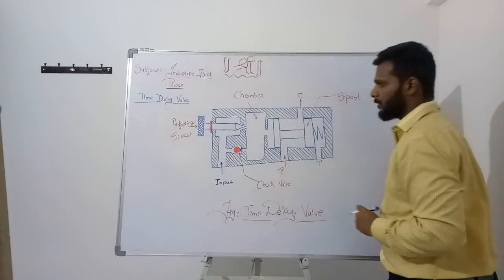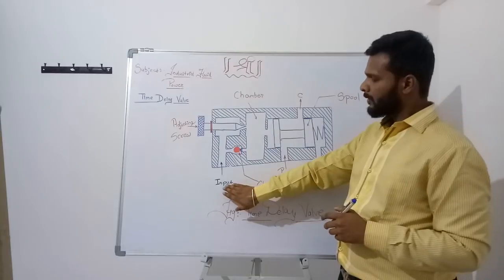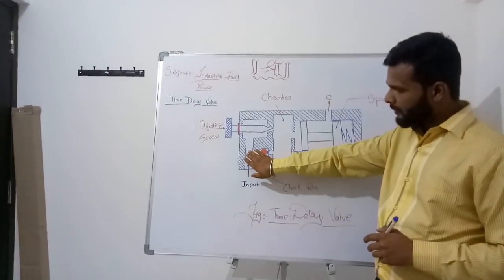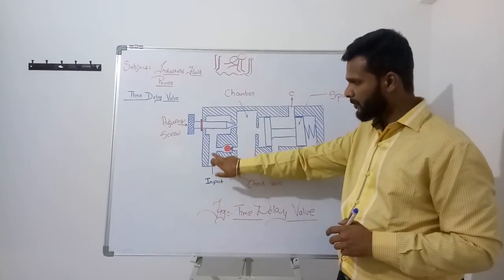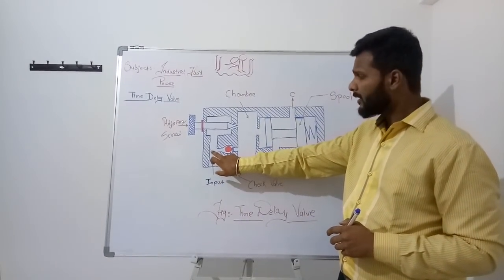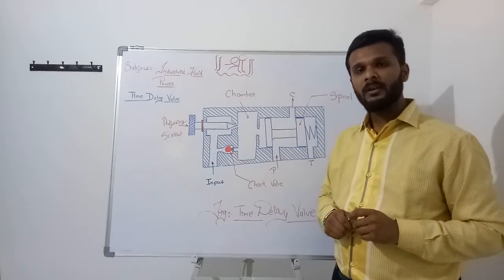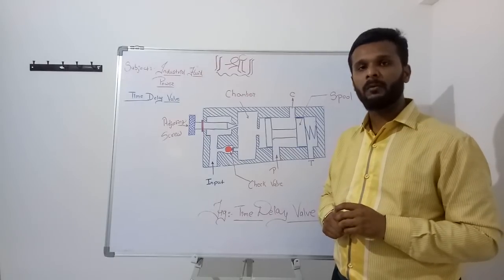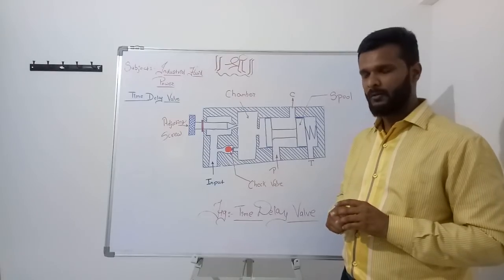So when hydraulic oil, जेव्हा आपण hydraulic oil input port ने supply करतो, when this hydraulic oil is supplied from this input port, definitely it is going to pass through this check valve. A check valve is also known as a unidirectional valve or non-return valve.